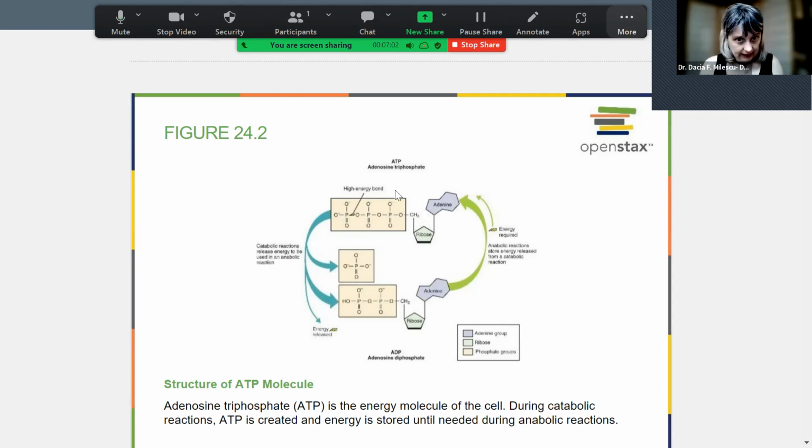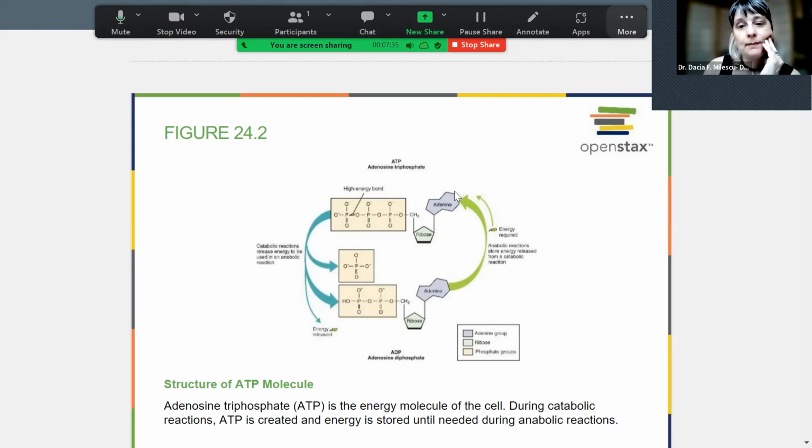Adenosine triphosphate has high energy bonds. Here you can see the bonds, and the catabolic reaction will release the energy used in any kind of buildup or anabolic reaction. When ATP gets broken down, it releases energy, and the product is adenosine diphosphate instead of adenosine triphosphate.